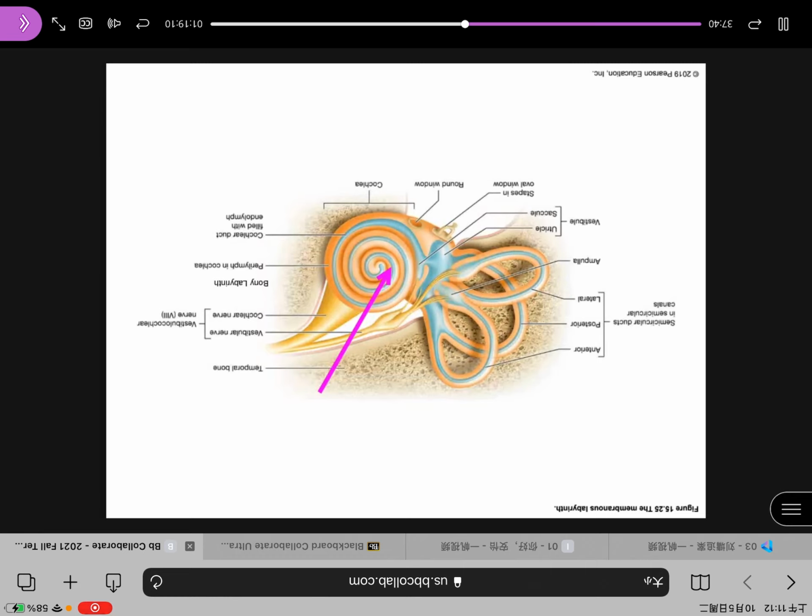let me get my black line here to point and label the bony labyrinth. So the bony labyrinth is that bony part of the inner ear. Let me move my arrow away for a moment. If I need to use my arrow again, I will. So the bony labyrinth is that part that surrounds the inner ear, the part that looks bony-like.